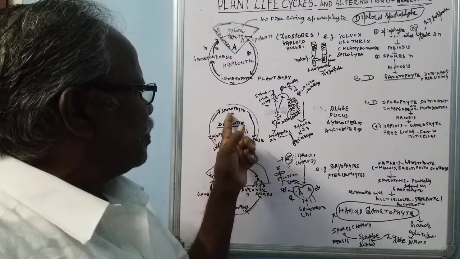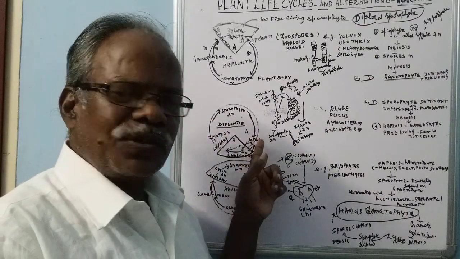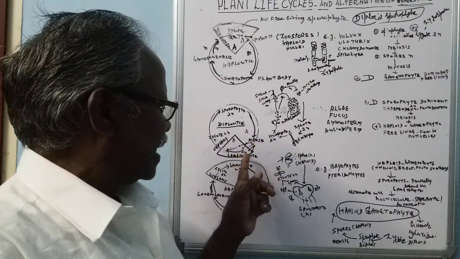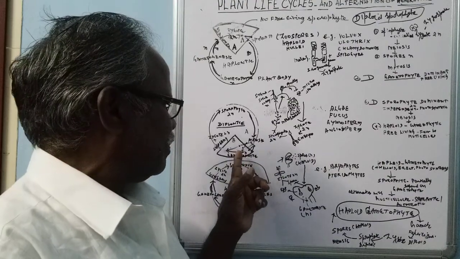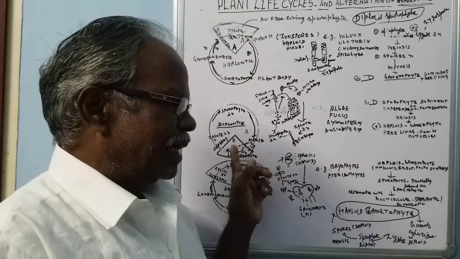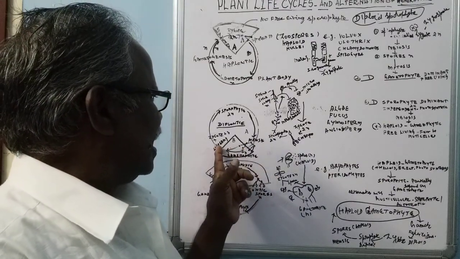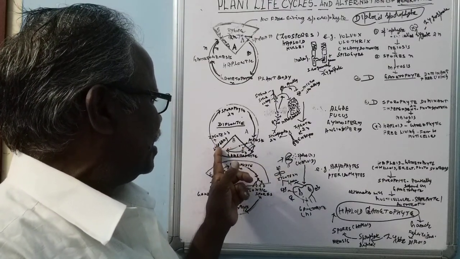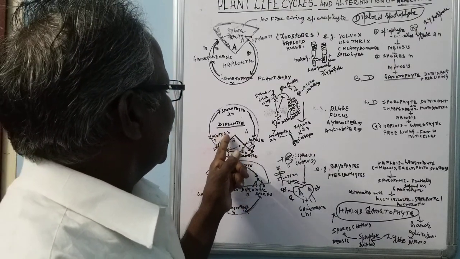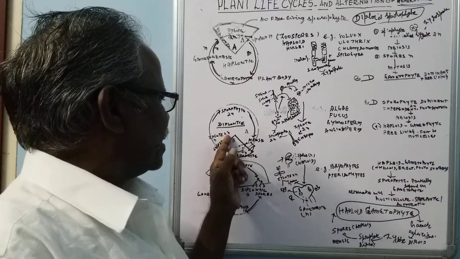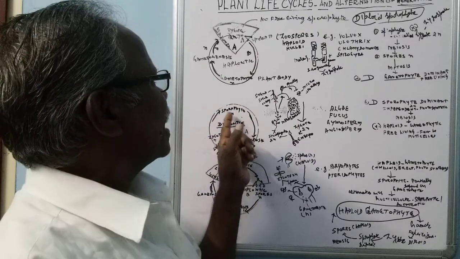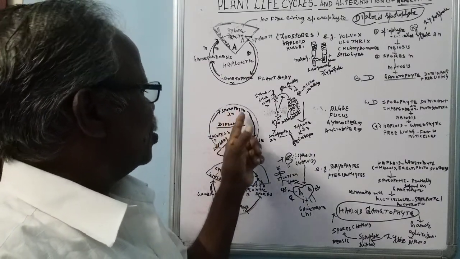The sporophyte plant, that is 2N, gives rise by the meiosis cell division to spores, that is N, that is called gametophyte plant, and this forms the gametes, and they unite together, that is called syngamy, and zygote is formed, that is the 2N, that is diploid. Then this develops into sporophyte plant, that is 2N. Here the sporophyte plant is 2N.